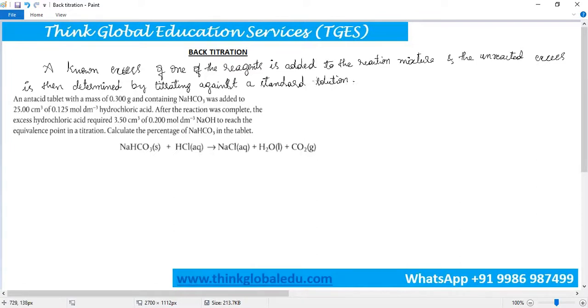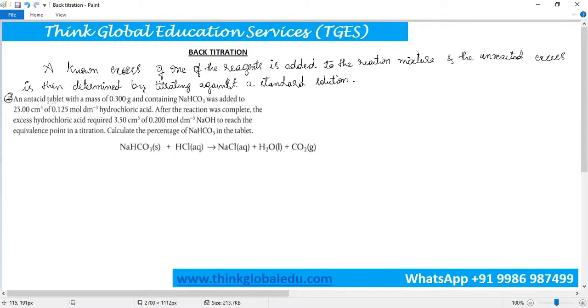So by this means we can determine the strength of an unknown solution by using a standard solution. We will learn how to do this by solving the problem given below.